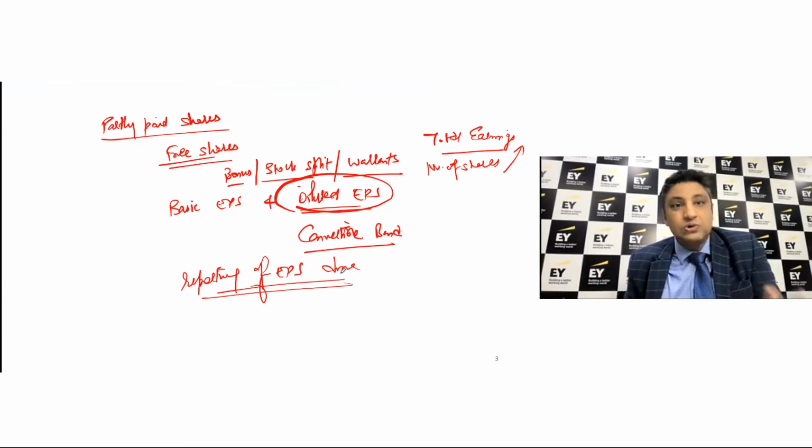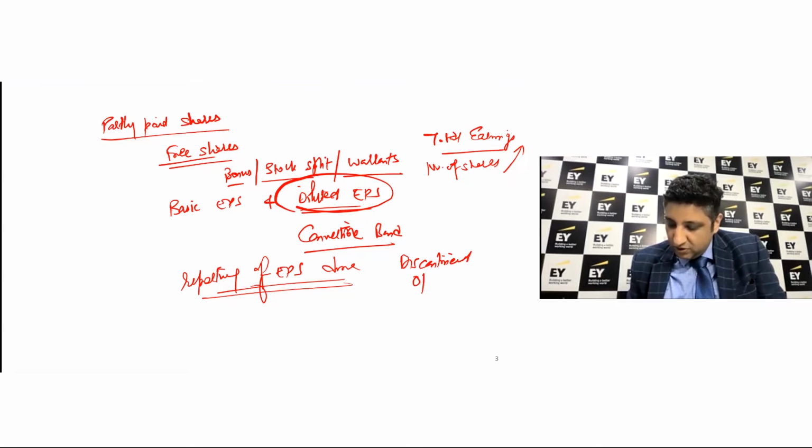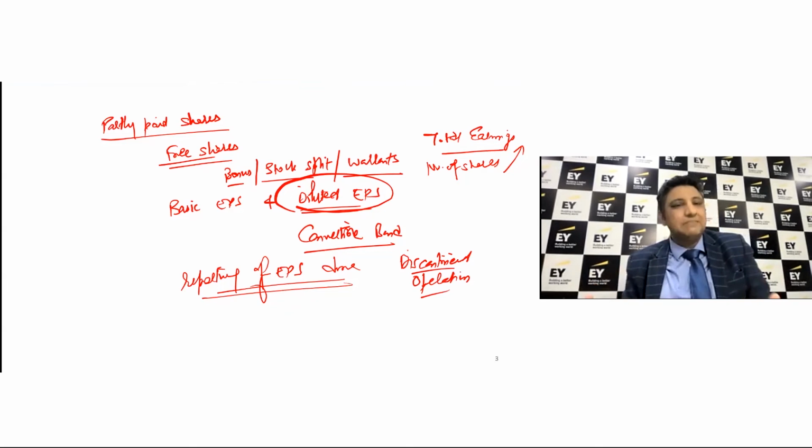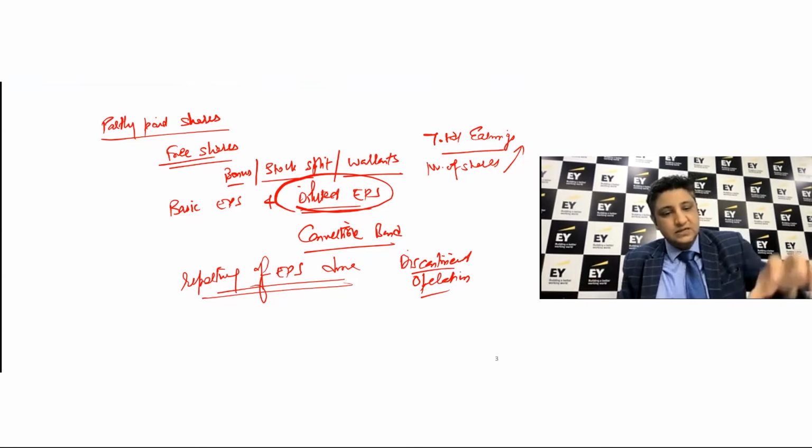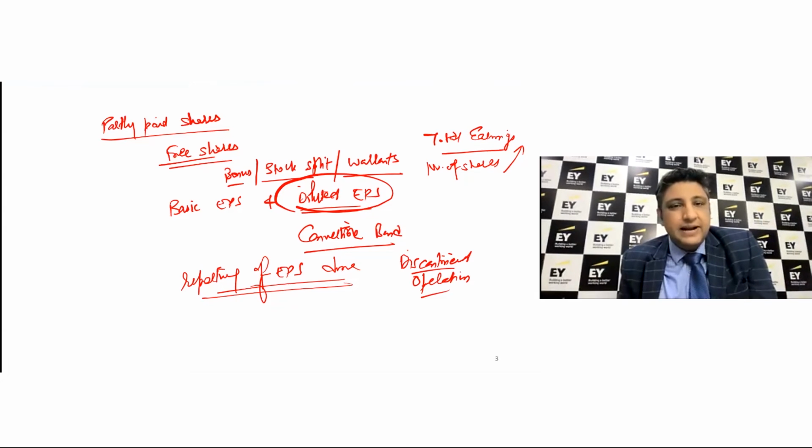Also, the standard covers what if there is a discontinued operation. You are doing some business today, but it meets the criteria of a discontinued operation, which means whatever profits you are making from this operation may not arise in future. So should you adjust your profitability for the calculation of that EPS? That is also being talked about as a part of the conversation.